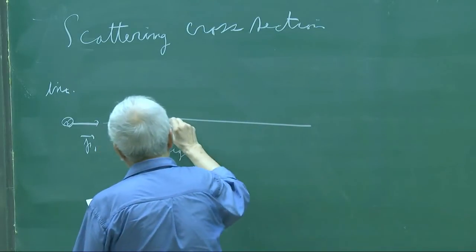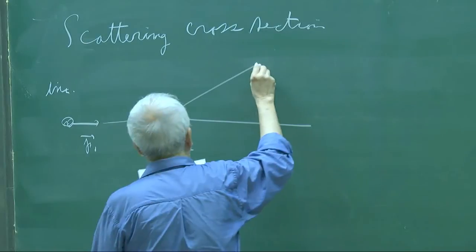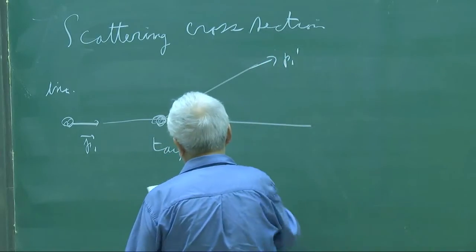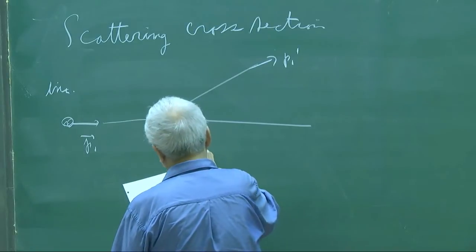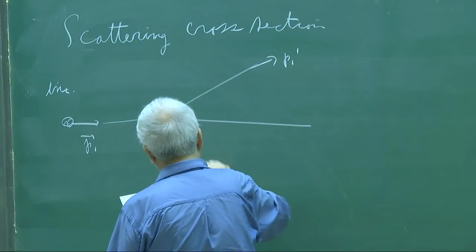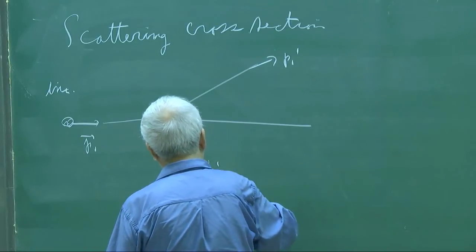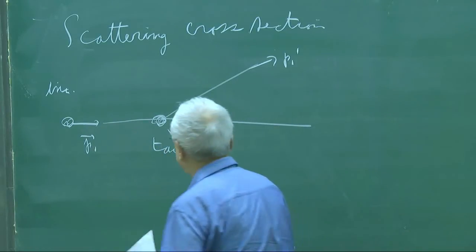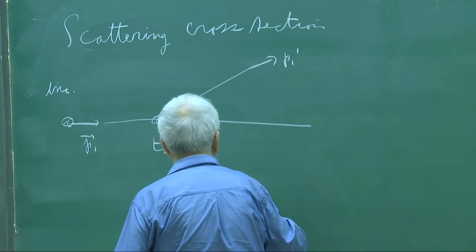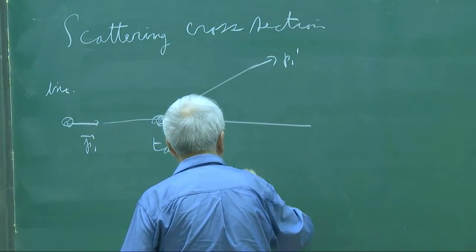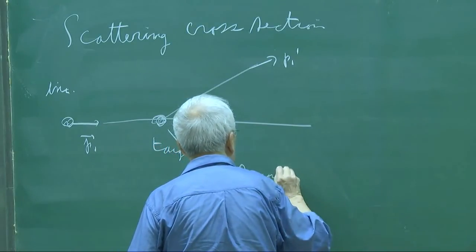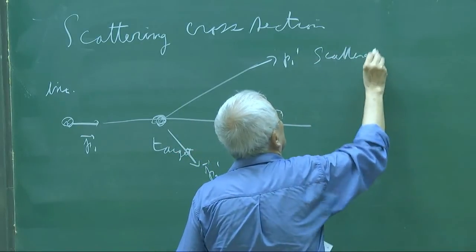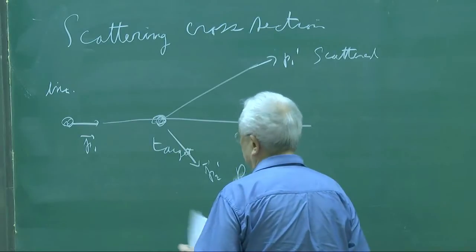And then after scattering, this particle goes out in a certain direction. And this is P1 prime. And this thing recoils to P2 prime. Here P2 was 0 to begin with in the lab. This is the recoil. And this is the scattered particle. This is the recoil particle.